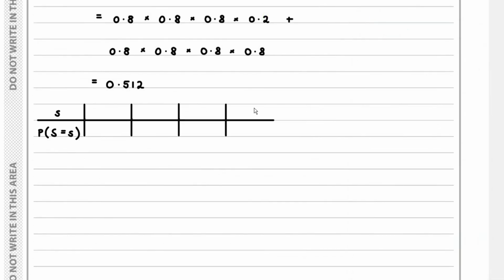So in terms of our probability distribution, we could either have 1 spin, 2 spins, 3 spins, or 4 spins, and the associated probabilities are 0.2, 0.16, 0.128, and 0.512.